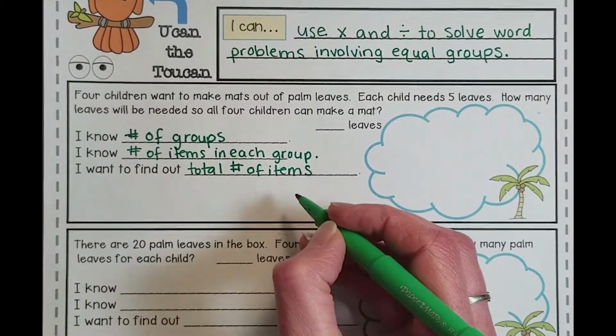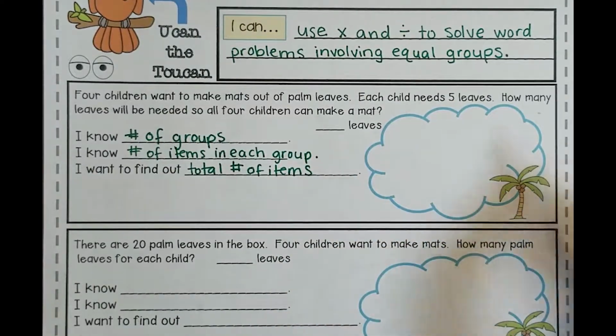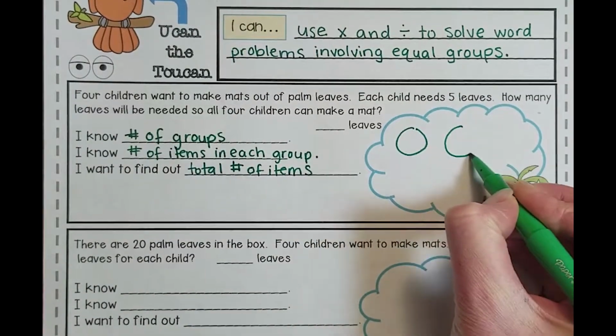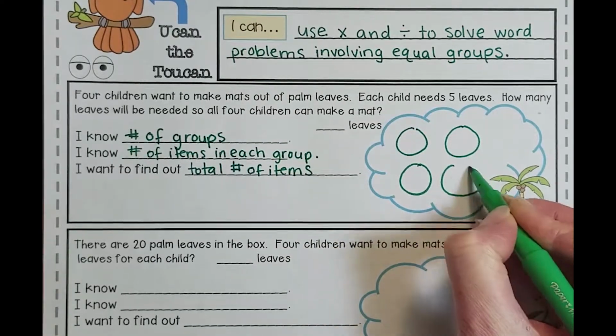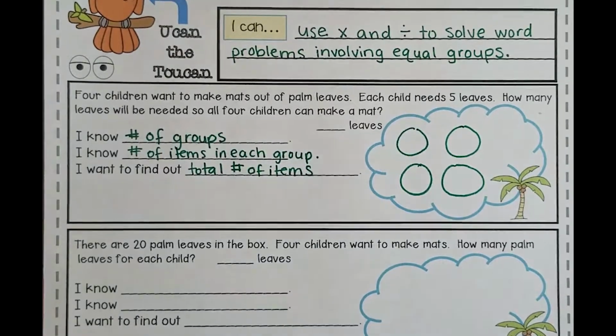I'm going to draw a picture to show you. So in this cloud, that's where I want you to draw your picture too. I'm going to go ahead and draw my 4 groups. Those are my 4 kids. And in each of those groups, I'm going to make my 5 items or my 5 palm leaves.